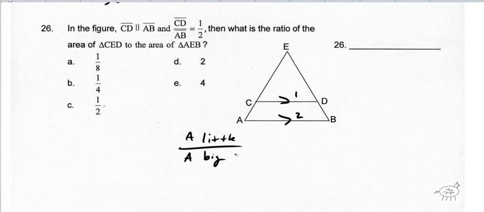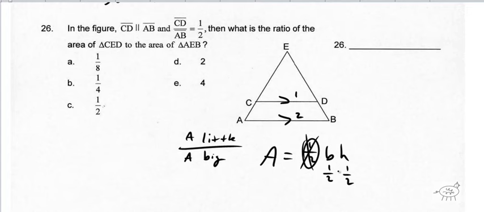So this is a little tricky. The way you got to think of this one, math fans, is area is equal to 1/2 base times height. So the ratio is 1 to 2. So this is 1 to 2, and this is 1 to 2. All right, the 1/2 doesn't matter because it's 1/2 for both the big triangle and little triangle, but the base is 1/2 and the height is 1/2.